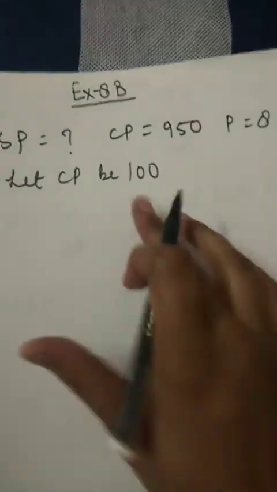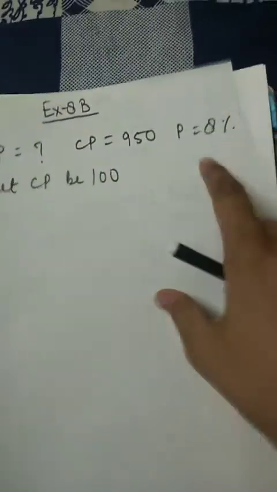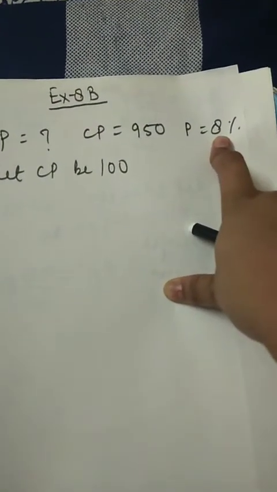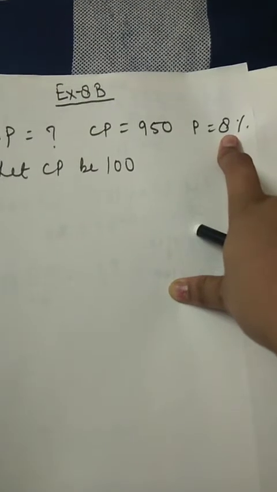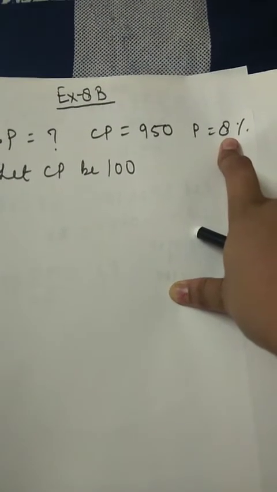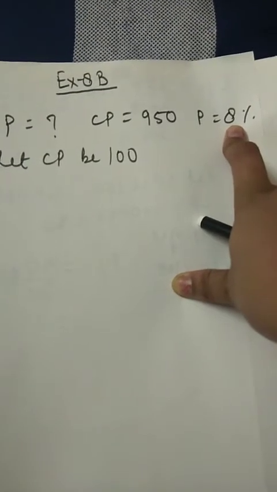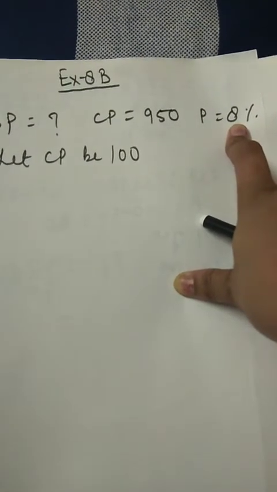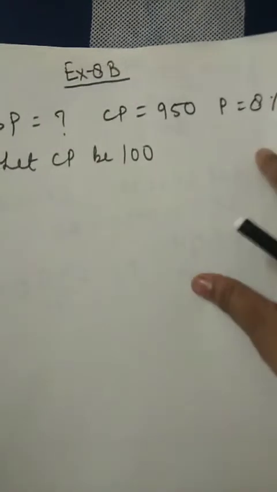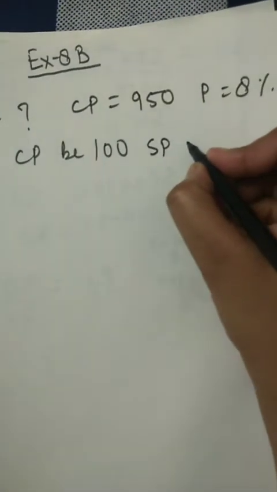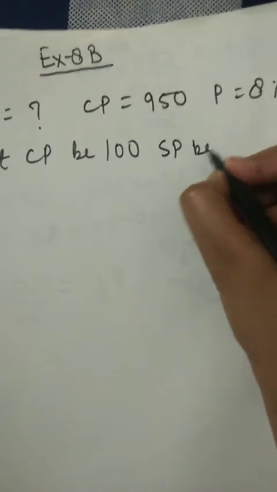If CP is 100 and it is having profit of 8%, it means selling price was more. Whenever we are having profit, selling price is always greater than cost price. So selling price will be 108.